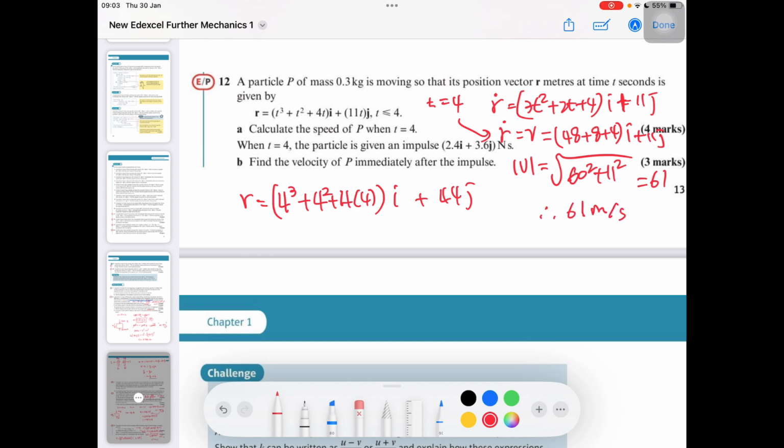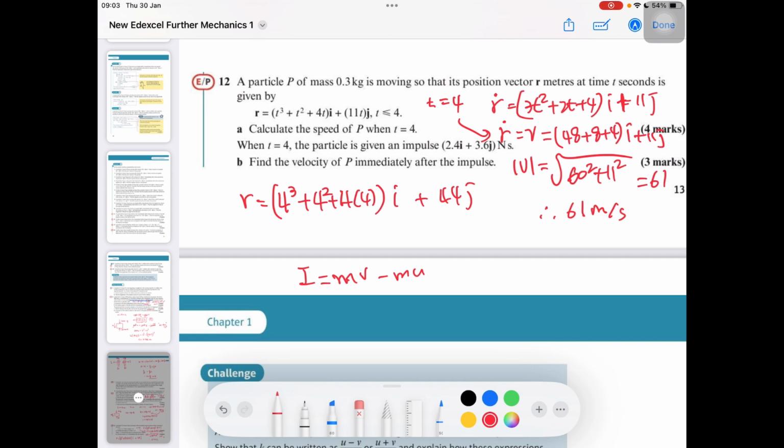And number B, velocity of P immediately after the impulse. So now when t equals 4, the impulse was this one. So we find the impulse with the terminal velocity times mass, like mv minus mu. This is impulse.